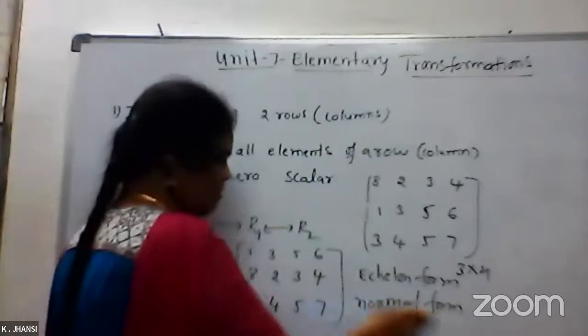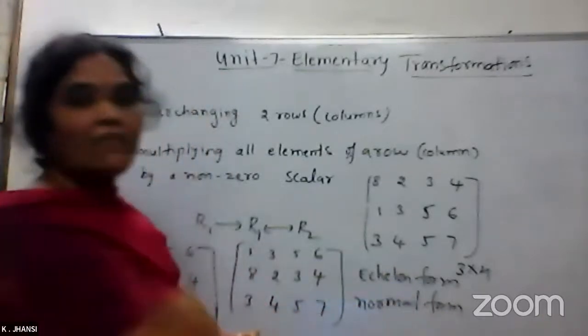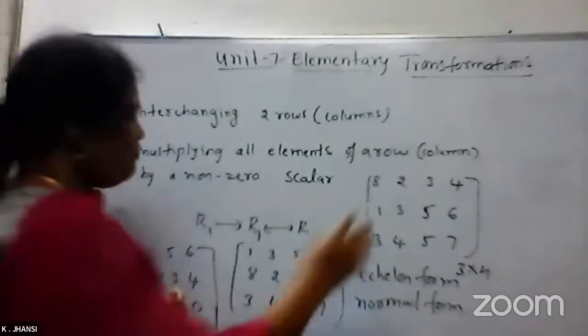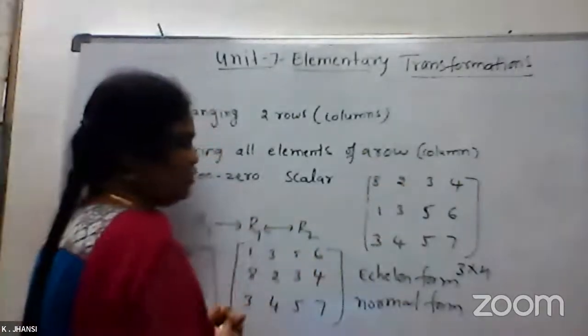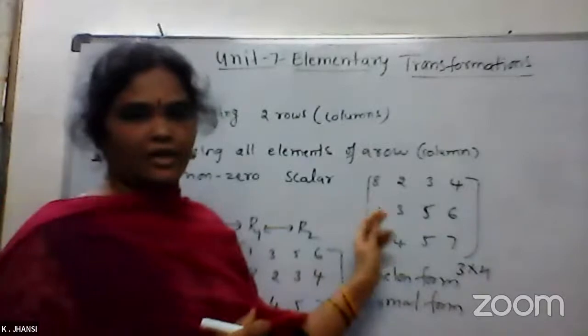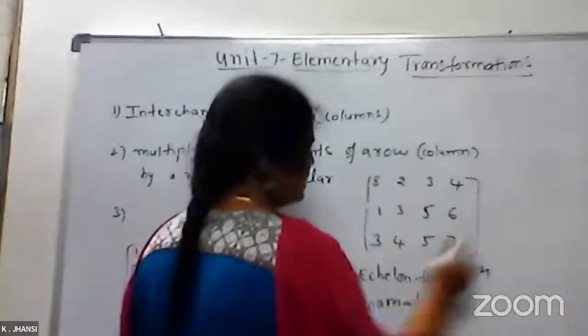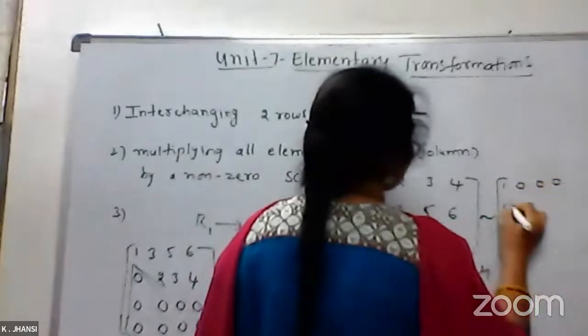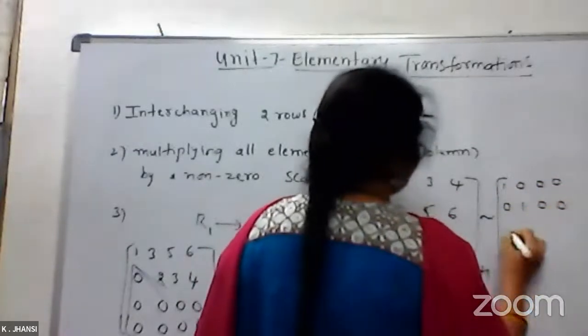Whenever it is the normal form, we will convert the given matrix with the help of both row and column operations. Why? Because we have to convert the matrix into an identity matrix. Okay. So whatever this matrix is, you have to convert it into an identity matrix.